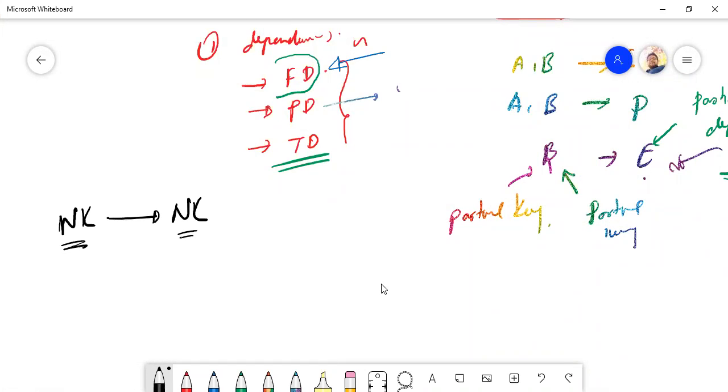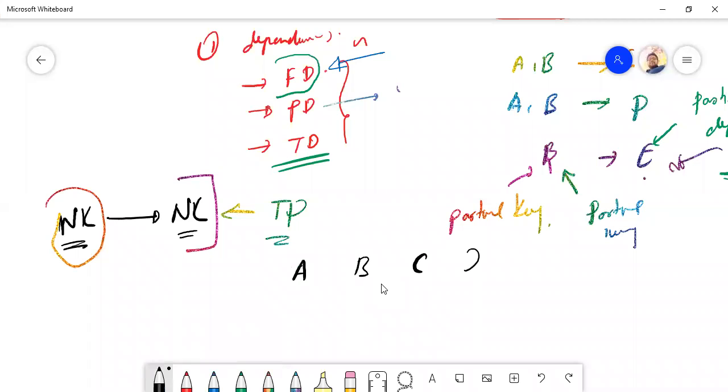This is a non key, and this one is a non key that depends on another non key. This situation we call TD, transitive dependency. We will see one example so you can easily understand.